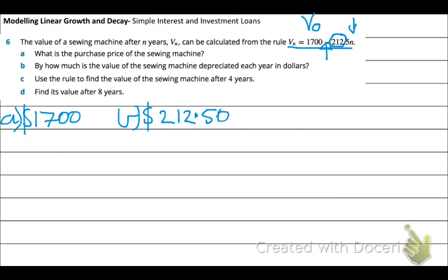Moving on, use the rule to find the value of the sewing machine after 4 years. Hopefully we recognise this as a simple substitution.